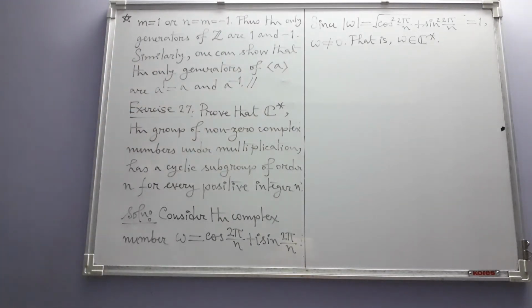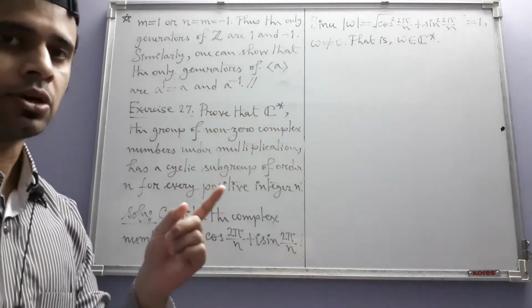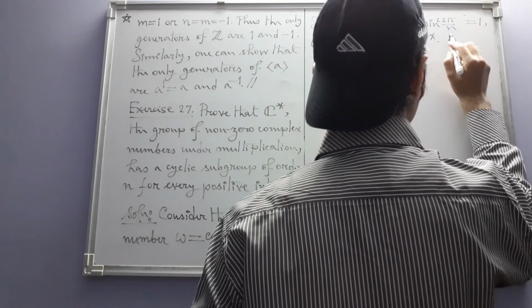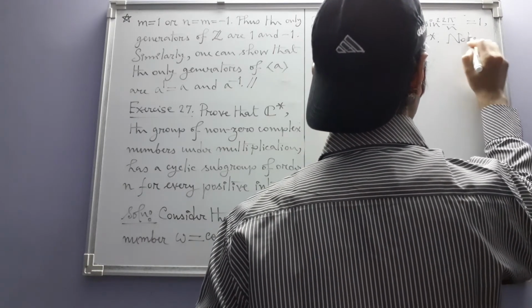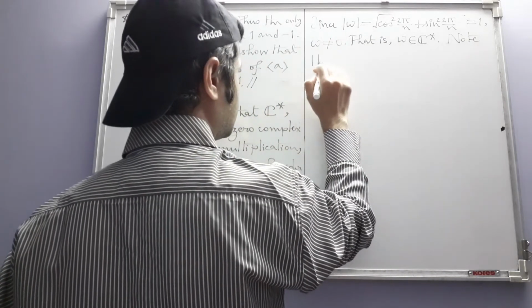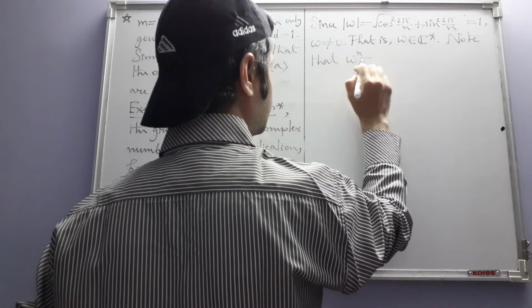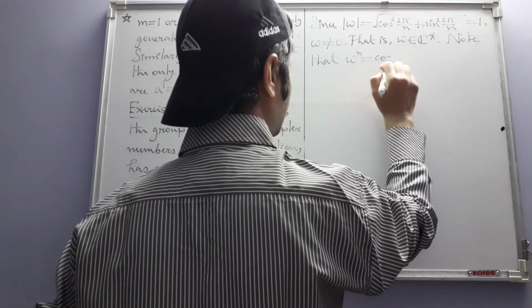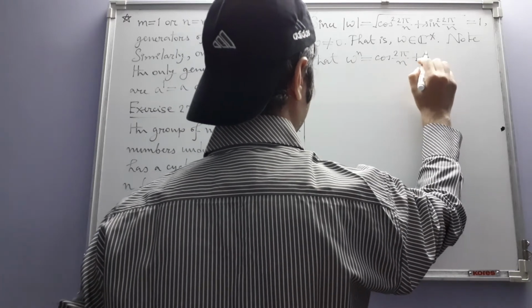Okay, so now next our aim is to show that as an element in this group, omega has order n. Note that omega to the power n, this is a place where we have to use de Moivre's theorem.